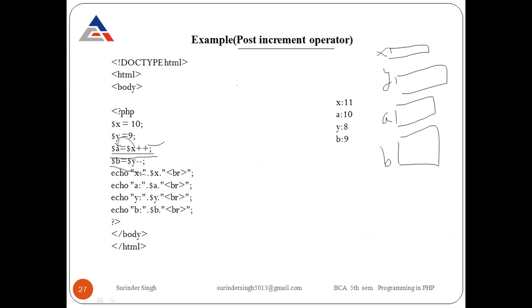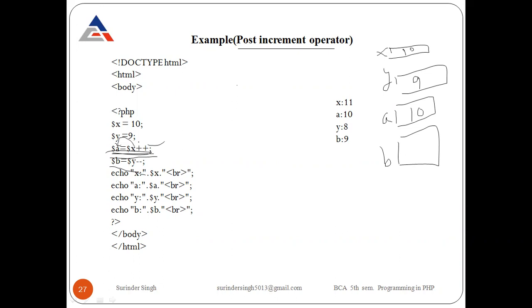Clear? x has value 10, y has value 9. Now what happened in this statement? First the value of x will be assigned to a. Now the value of x is assigned to a, and a has value 10.